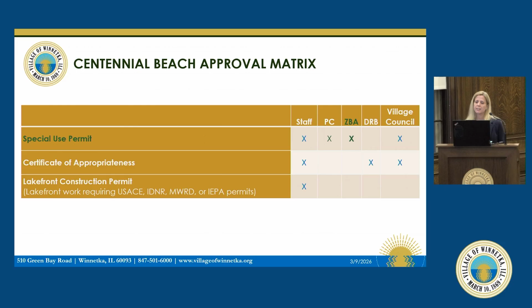If a project does not require zoning relief, staff would be able to review and approve the project administratively if the applicant is able to demonstrate that the proposed improvements comply with applicable building and site improvement codes, such as stormwater regulations, lakefront construction regulations, and the steep slope regulations.